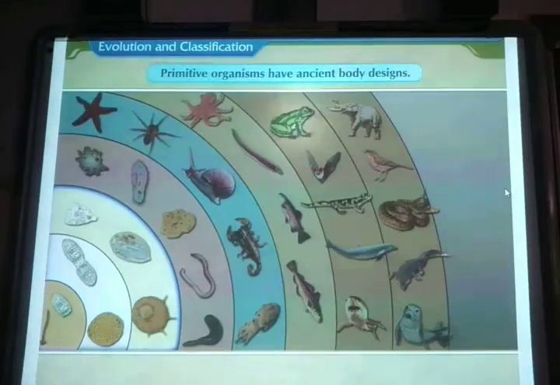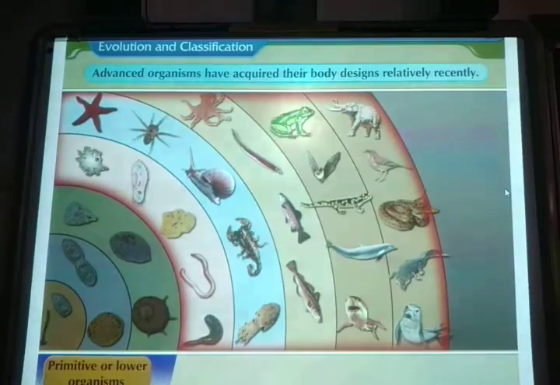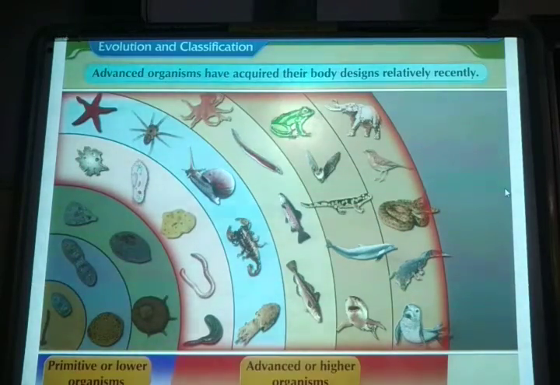There are certain groups of organisms that have ancient body designs and are referred to as primitive or lower organisms, while some organisms have acquired their body designs relatively recently and are called advanced or higher organisms.